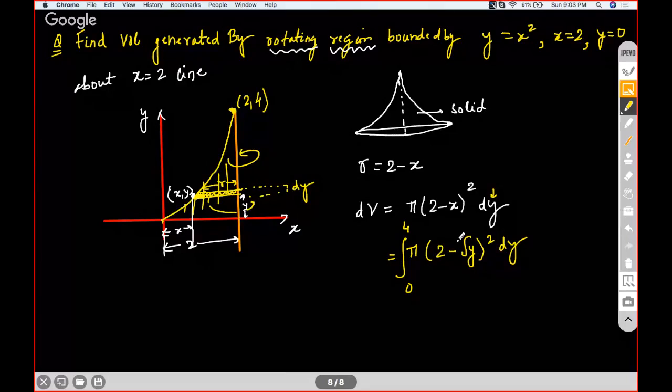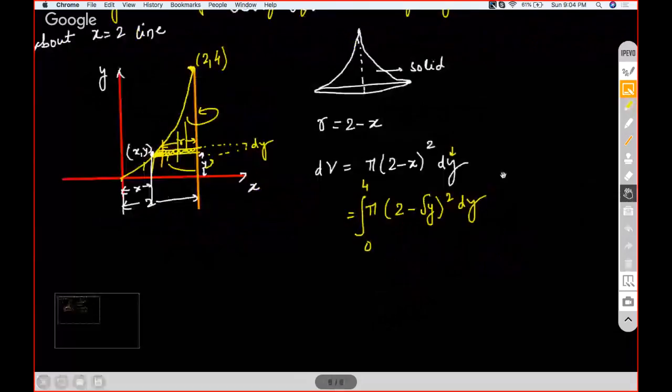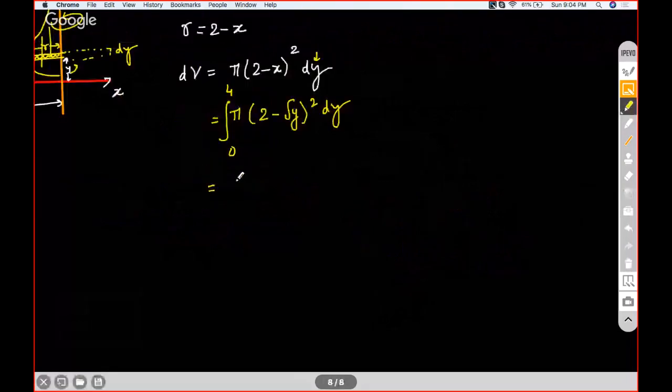So you get 4 pi times y minus 4y to the power 3 by 2 by 3... Simplify it, put the values and tell me the final answer. It's some hectic. So the answer is 4 pi. No. Okay, you are integrating this. Just a sec.